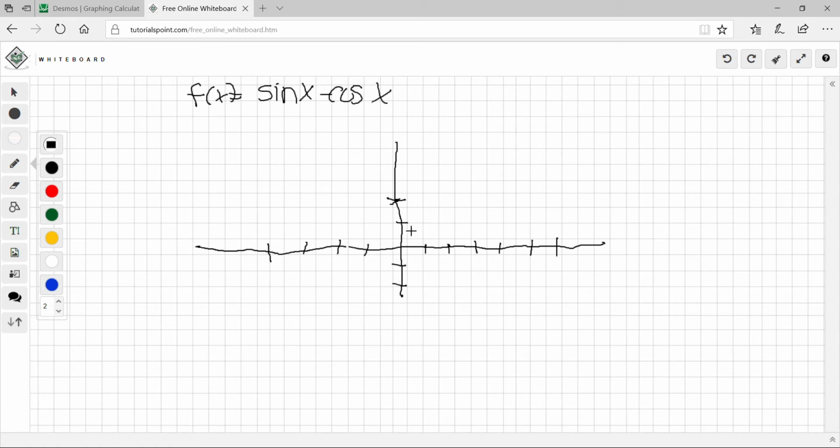This is one coordinate, the y-intercept, and then this one right here is pi fourth, comma 0.